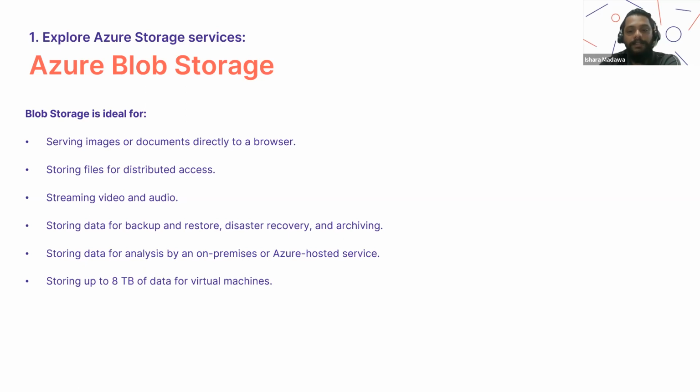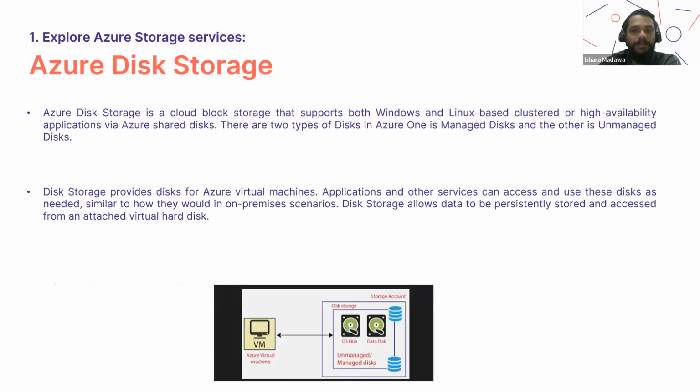Next we have Azure Disk Storage. This storage is a cloud block storage that supports both Windows and Linux based clusters, and it supports high availability applications via Azure Shared Disk. There are two types of disk in Azure: one is managed disk and the other is unmanaged disk.